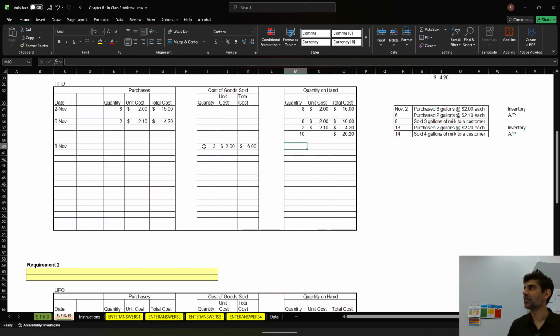How many do we have left? 8 minus 3 is 5. Okay, so we have 5 left. We still have all of our $2.10 units because we haven't sold those yet, or we haven't costed those, I should say.